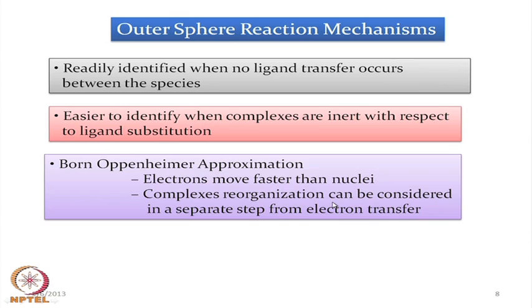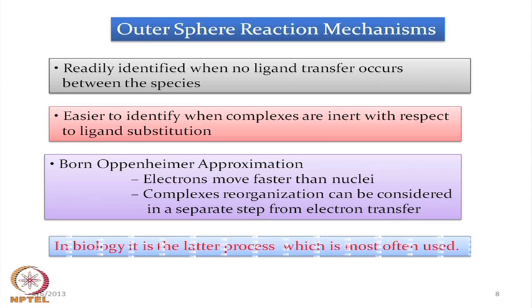The complex's reorganization can be considered a separate step from the electron transfer. The reorganization step is a different one, and it also takes some time, which is why the rate of the reaction also depends on it.